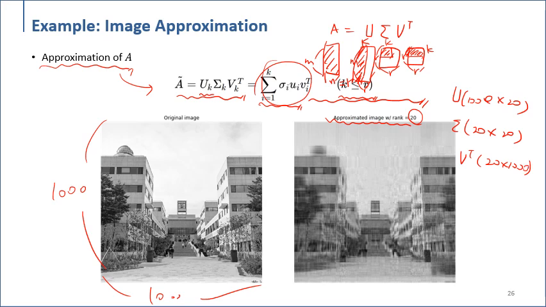Using these three matrices, you can approximate the original images with compressed images that still contain high quality compared to the original. So we can reconstruct these images using only low rank. This is one of the examples where SVD can be applied.